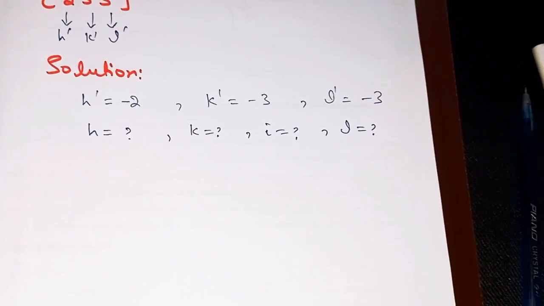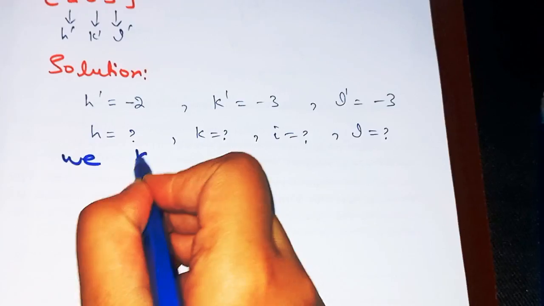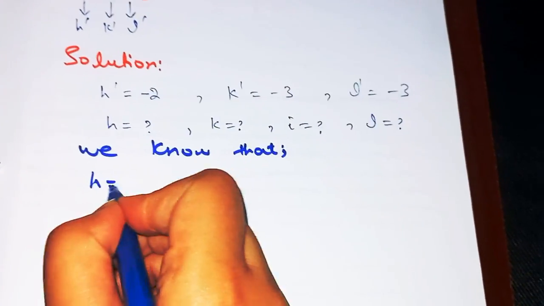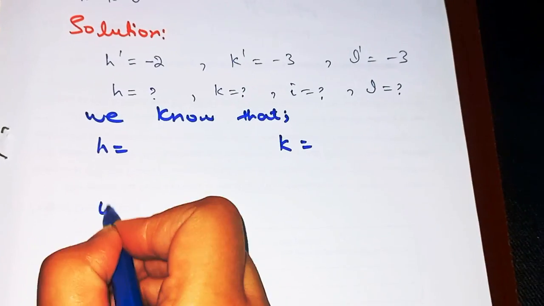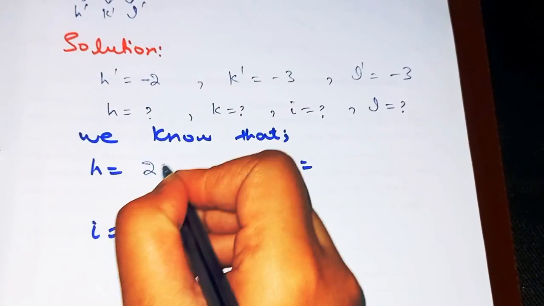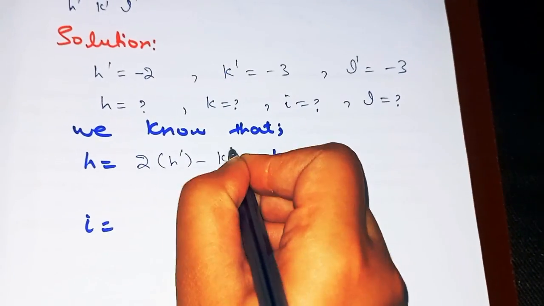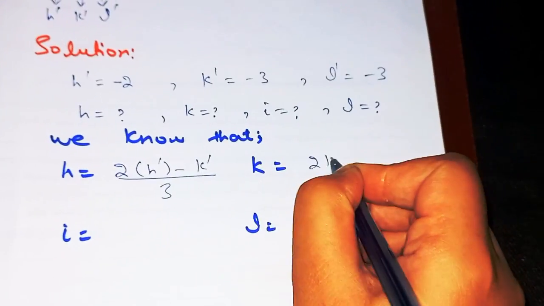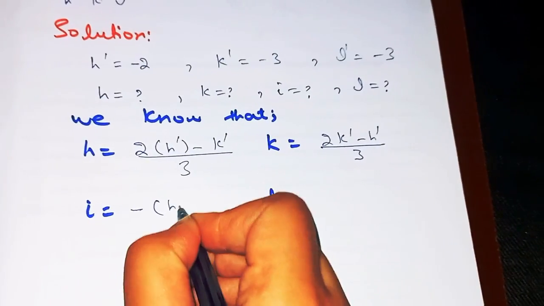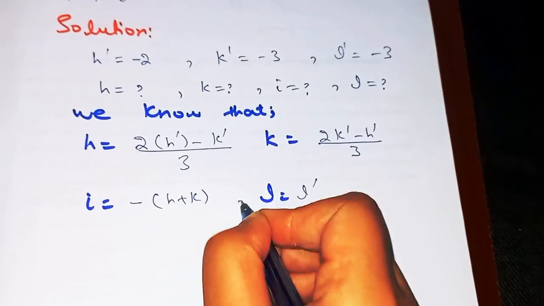We know the famous transformation equations: h equals 2h prime minus k prime divided by 3, k equals 2k prime minus h prime divided by 3, i equals negative of h plus k, l equals l prime.